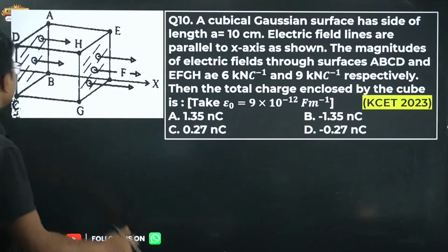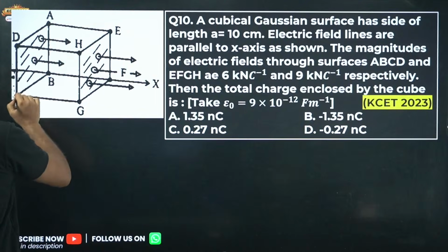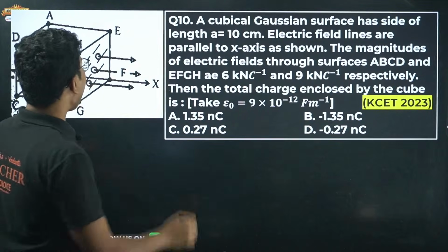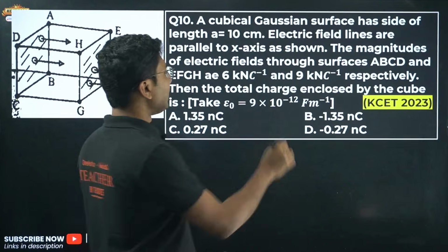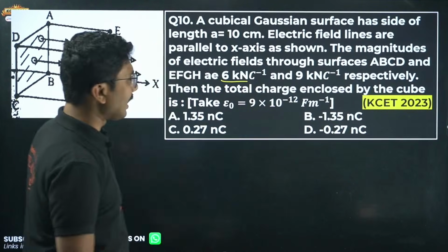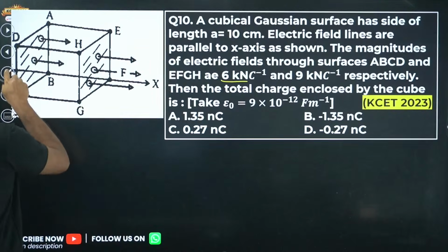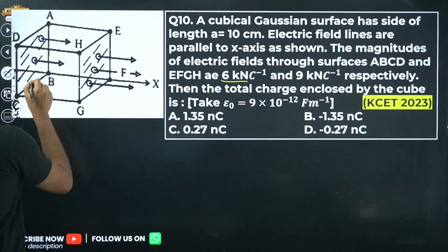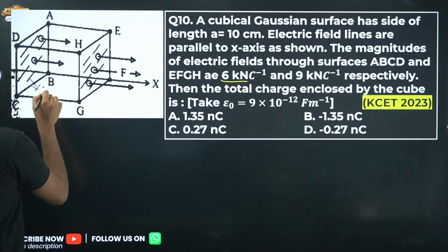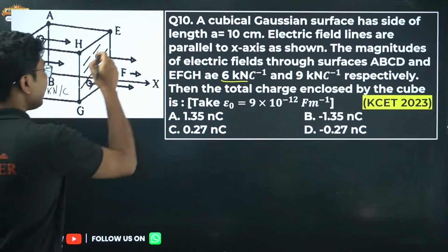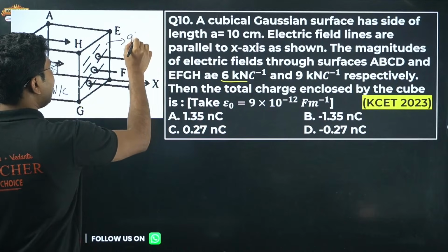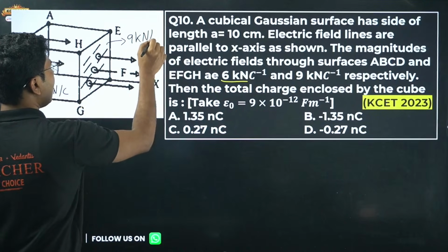So here it is mentioned that ABCD is one surface and EFGH is another surface. The electric field through ABCD is 6 kilonewton per coulomb, and through this surface it is 9 kilonewton per coulomb.